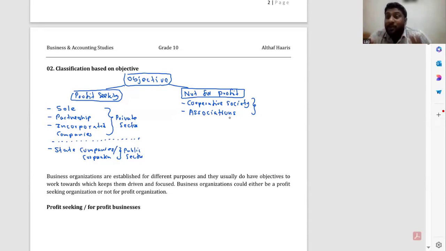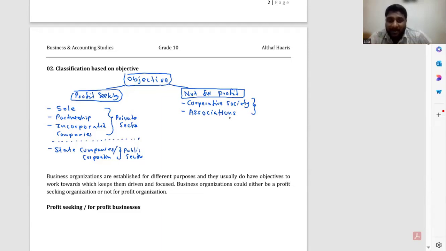They are doing something good for the society. And there are associations. You take the Red Cross, just as an example. It is not owned by the government. It is owned by a few individuals, members. But what they are doing is something good for the society.